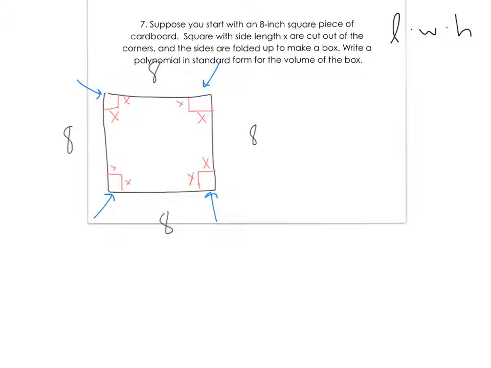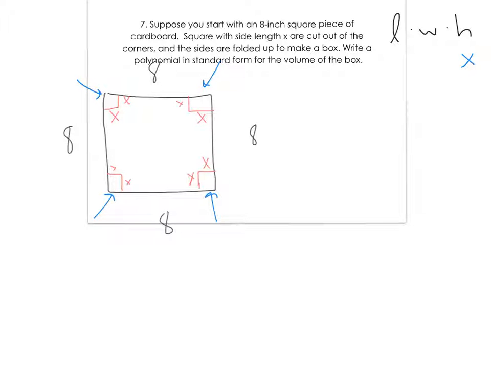So I know that the height is going to be x. That's actually the height. So if you can visually think about that box folding upward. And again, Ms. Roddy will probably go through this problem during class to help you visualize this even more. But now we know the height is x. That's the height. We need to figure out then the length and the width.